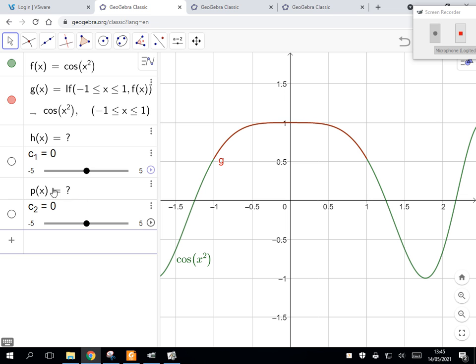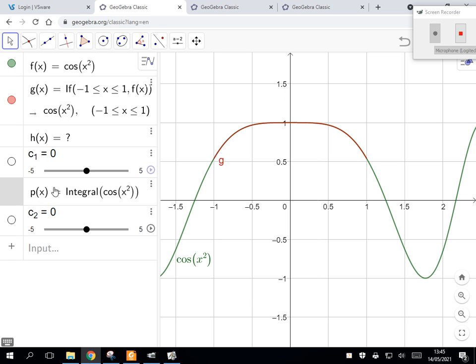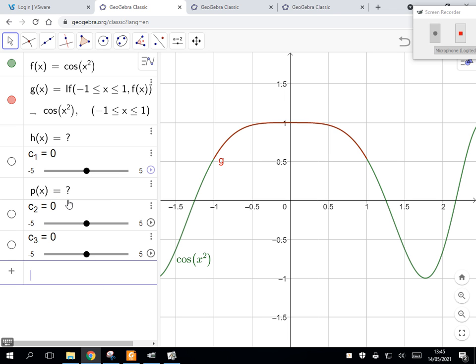And you can see that it can't actually do it. It won't be able to do the integral. It's unable to do it. So we have to come up with other techniques.